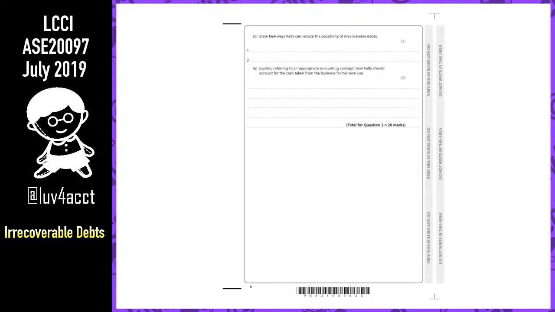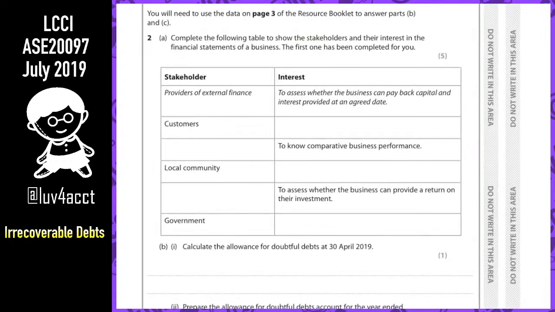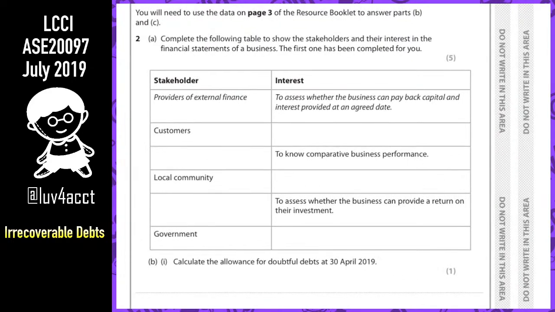So let's look at the first part first. Complete the following table to show the stakeholders and their interests. Customers, what are they interested in?